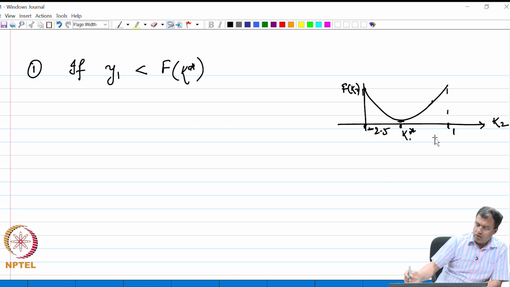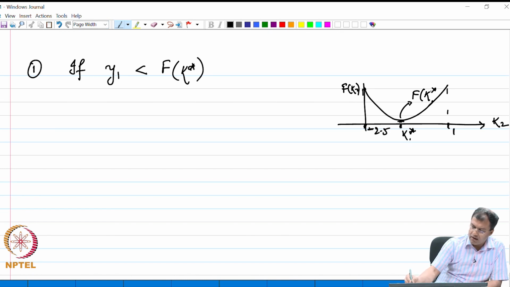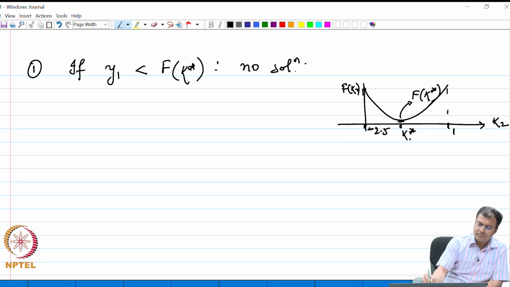Notice that in this diagram, I have this value here which is f of kappa star. If the solution falls below this value, I see that there will be no solution. y1 will not be an extremal to the catenary problem.